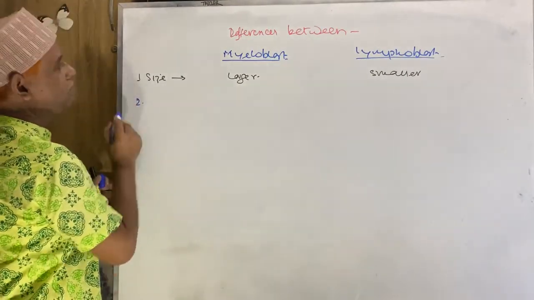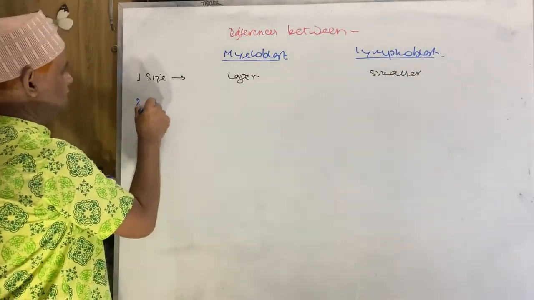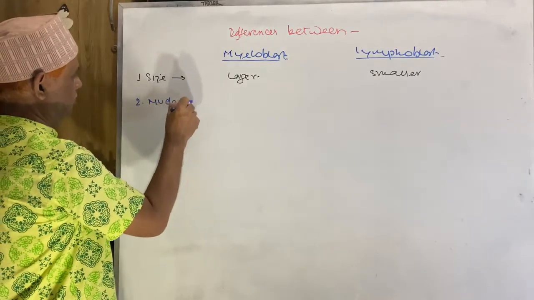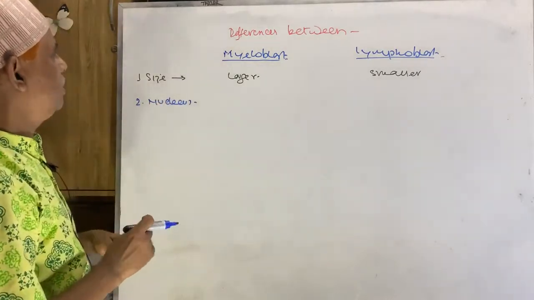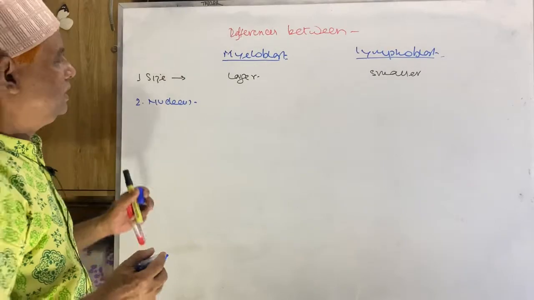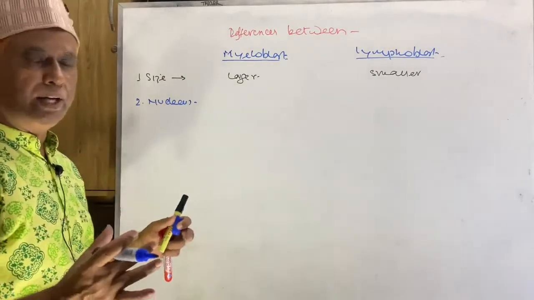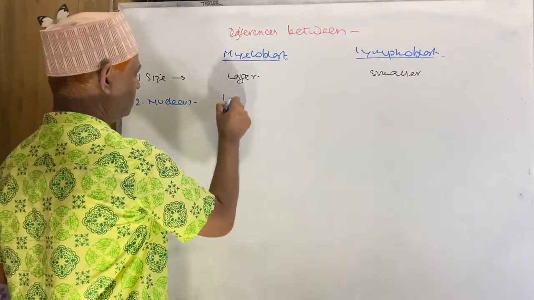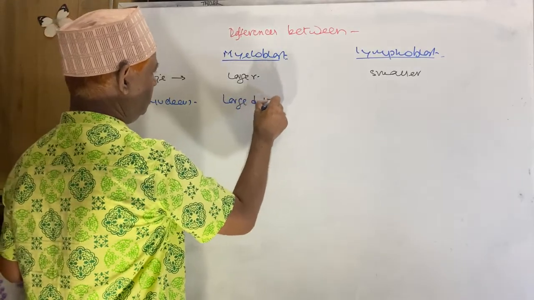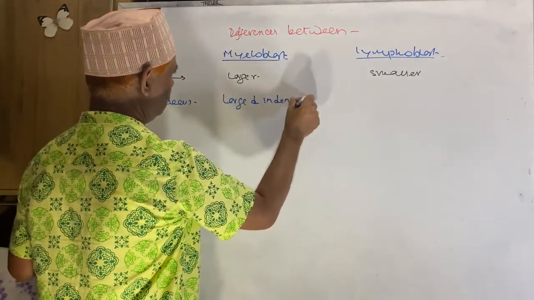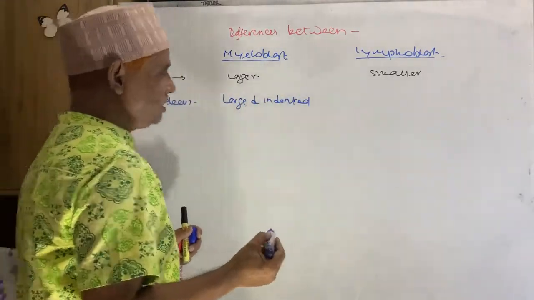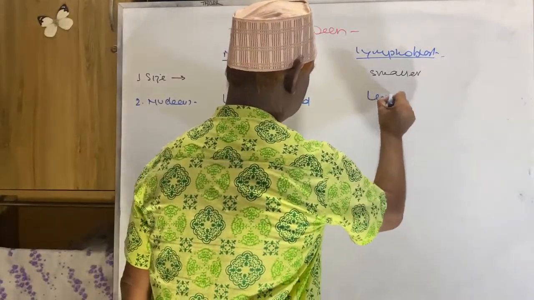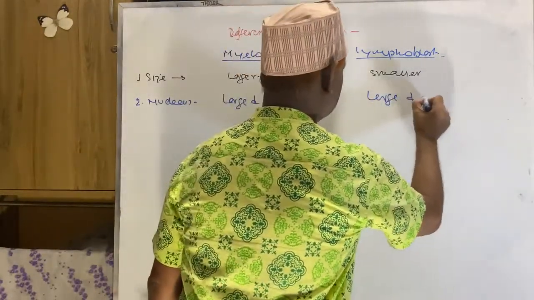Then nucleus. The nucleus of myeloblast is large and indented. But in case of lymphoblast, the nucleus is large and round.